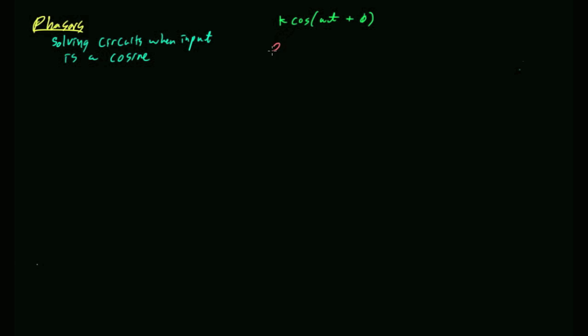We said e to the j theta equals cosine theta plus j sine theta. So that's just an alternative expression of polar complex numbers. We could even put a magnitude out front.